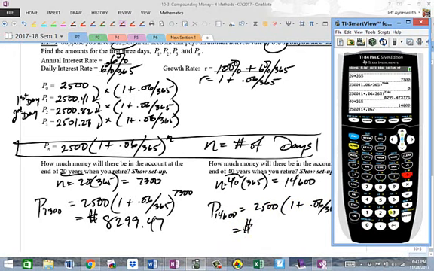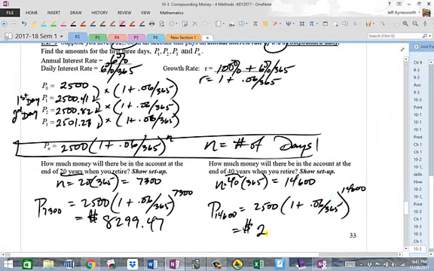There we go. And we get $27,552 and 51 cents. Okay, and the only thing you have to do is get good.